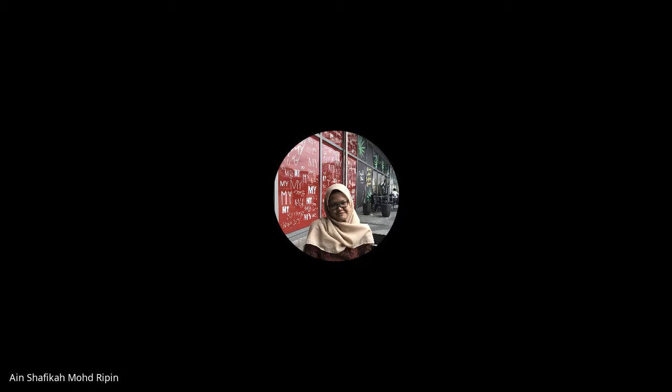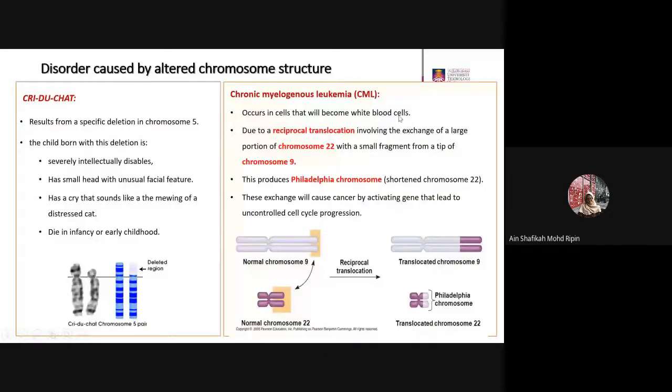Okay. So this is in the cell that will become white blood cells. Okay, dia akan berlaku pada sel yang akan jadi white blood cells. Okay, so this is due to the reciprocal translocation. Reciprocal tu maksudnya saling exchange segment. Okay, saling exchange segment involving the exchange of large portion of chromosome 22.